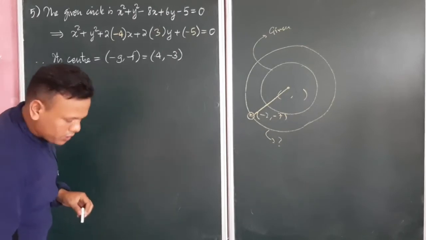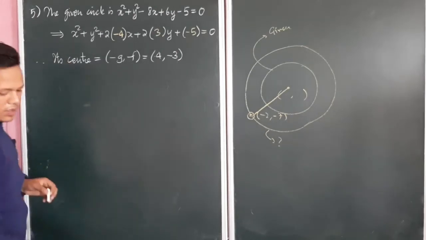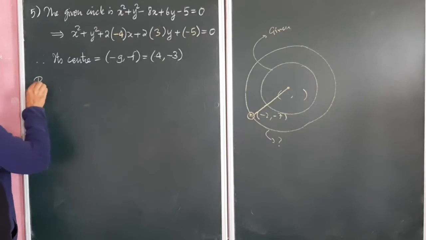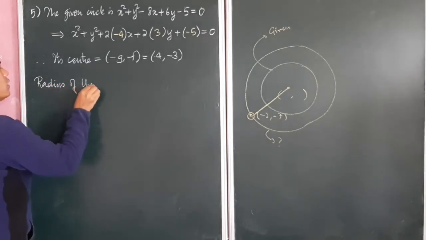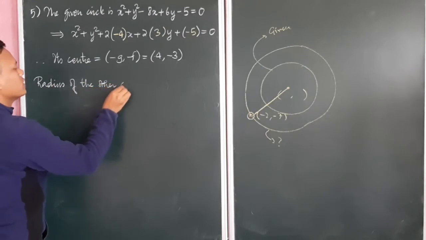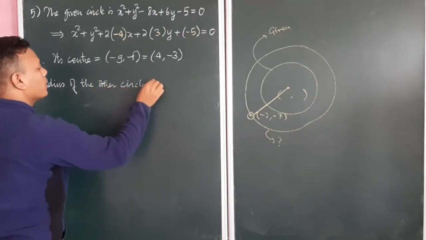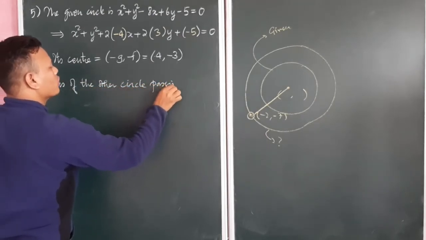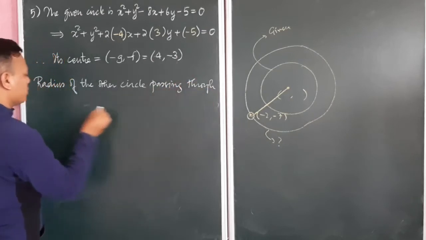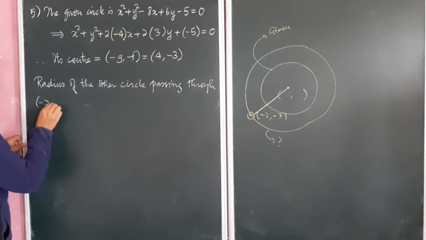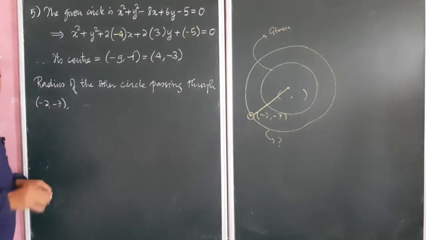Now let me write the radius of the other circle passing through -2 comma -7. So we are going to find the radius of that.